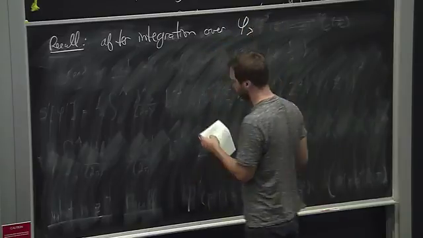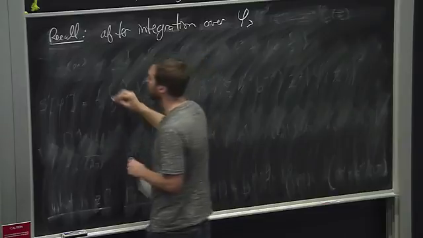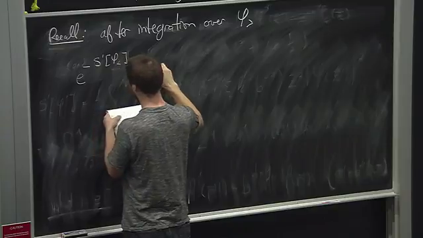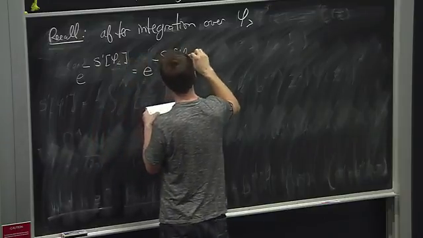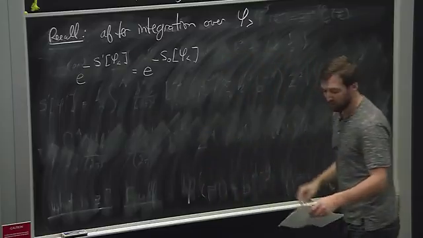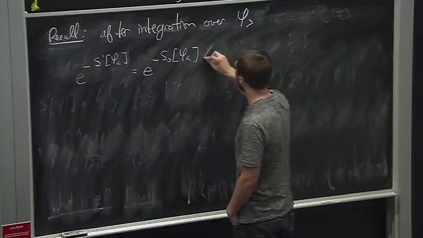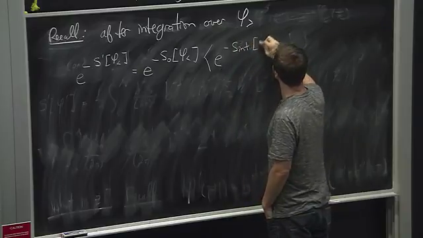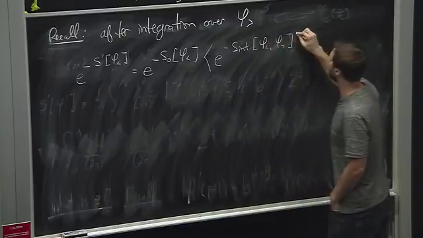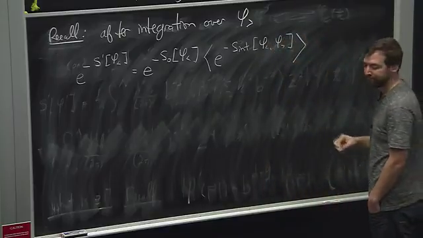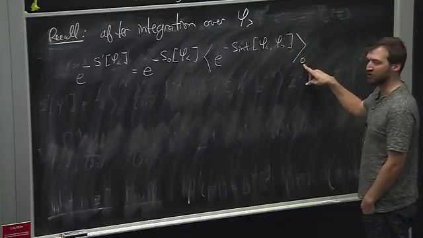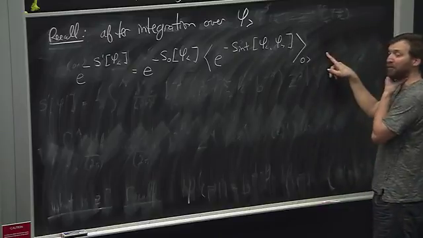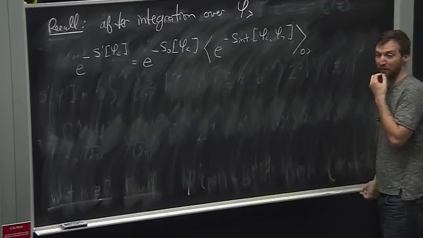Over the fast fields, we have that Gaussian piece up front, and then the expectation value of the interacting piece, evaluated with respect to the Gaussian kernel, integrated over the fast fields, and we dropped that constant piece that came from the partition function.